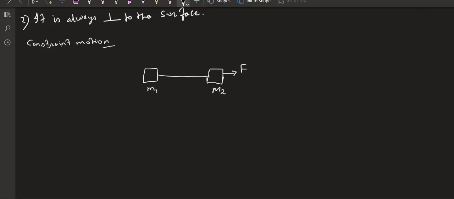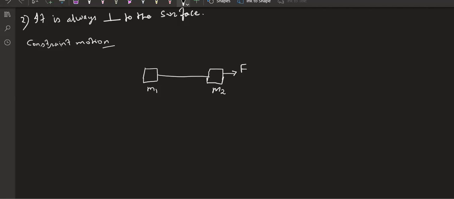m1 will move. But obviously you're applying force on m2, then how come m1 is moving? Because it is attached to m2. There's a constraint that m2 is attached with m1. So if m2 moves, m1 has to move because of tension.